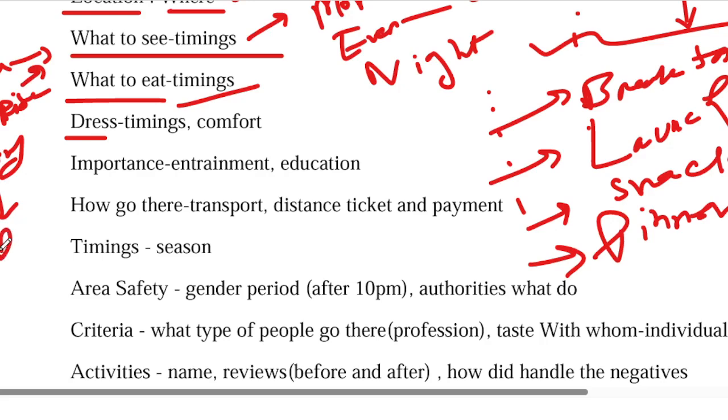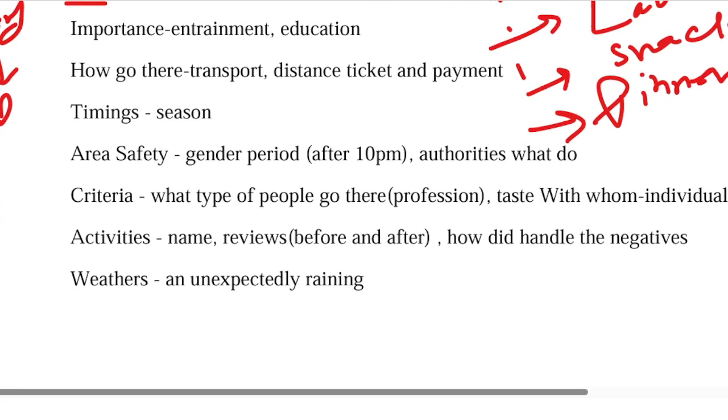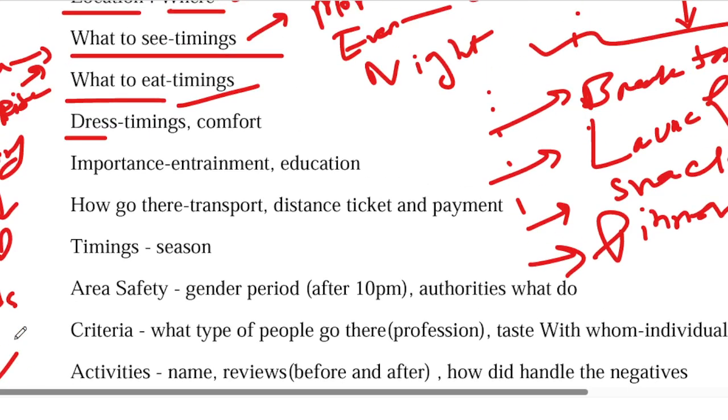We don't wear the same types of dress. It depends. Even if you go with some friends out there, the dress you will wear, maybe when you go with your girlfriend or your closest one or your family, you might wear some other dresses. So dresses also depend on the timings and the situation. So describe that, what types of dresses you wear in what types of situations.